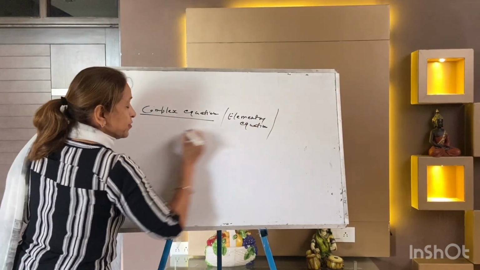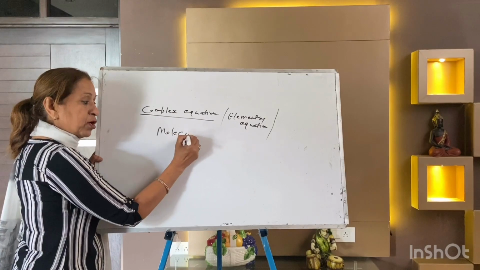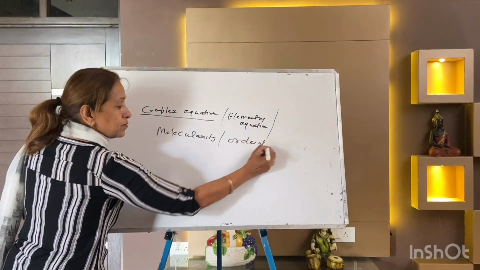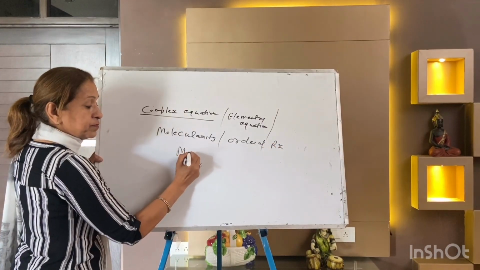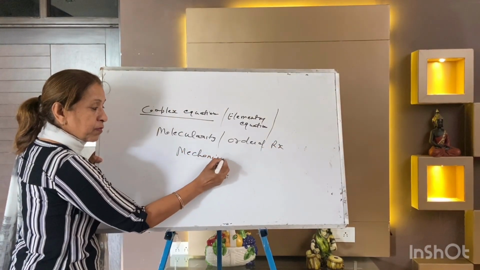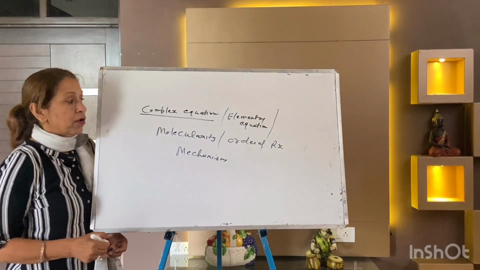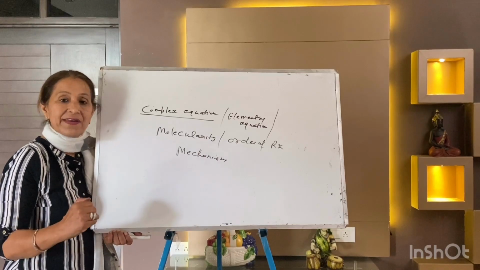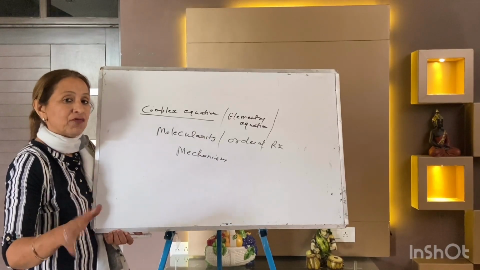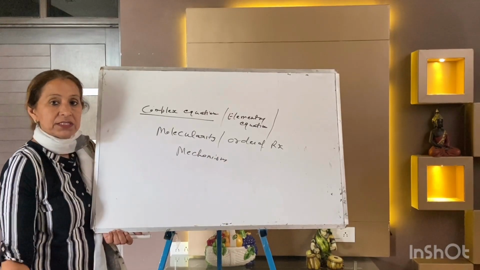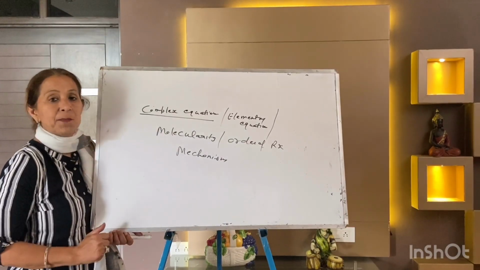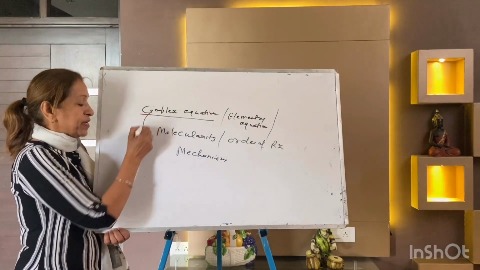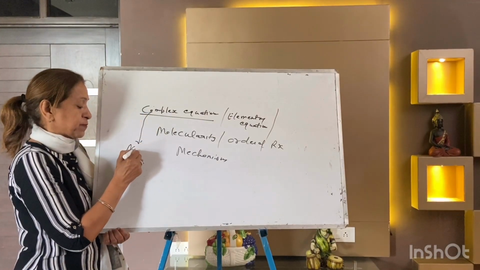It's molecularity. We will take the terms molecularity, order of reaction, mechanism. One by one I will take all these topics: what is complex, what is elementary, what is molecularity, what is order, what is mechanism. When the mechanism gets over, X and Y will become clear, that is the slowest reaction. Now first, what is a complex reaction? A complex reaction is one which takes place in a number of steps.